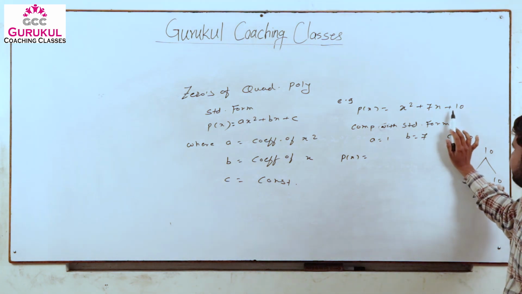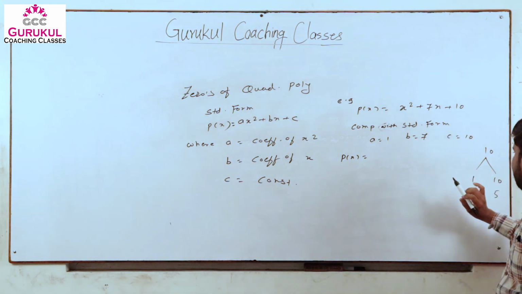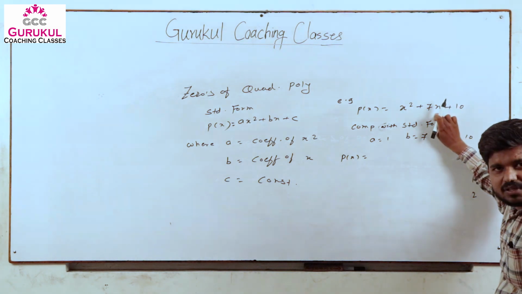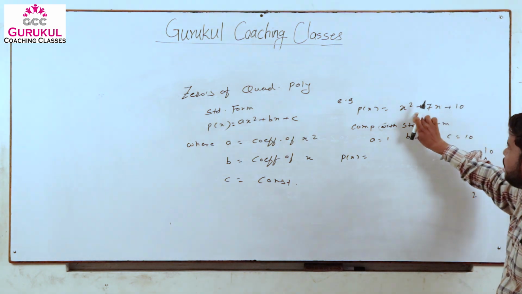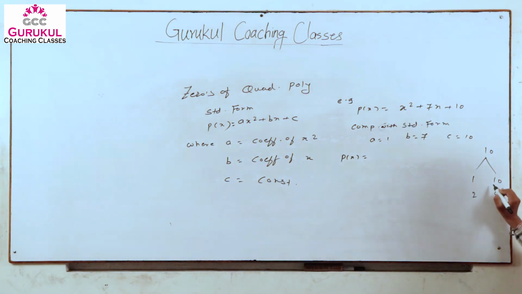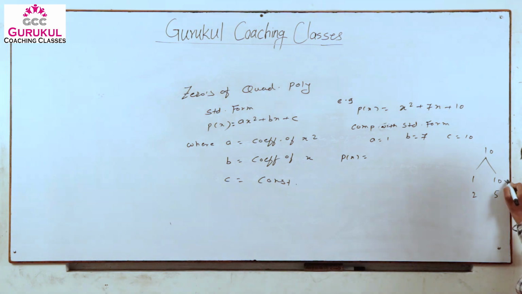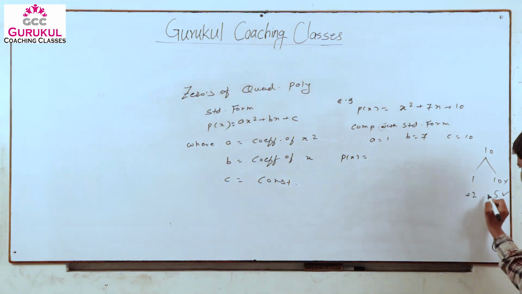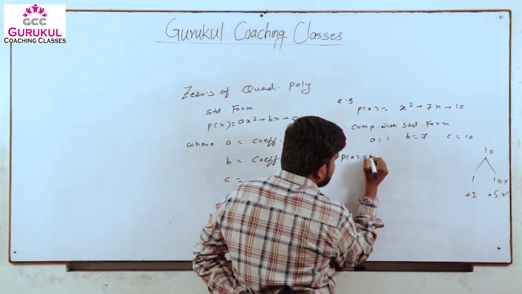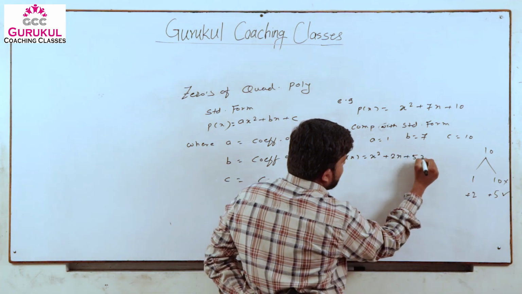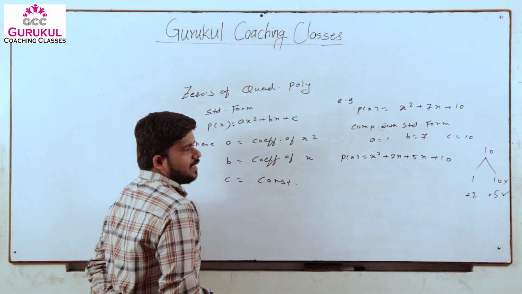When the last term has a positive sign, the addition of these two factors is equal to the middle term, and both factors have the same sign as the middle term. 1, 10: sum is 11. Required 7. So first combination is not required. 2, 5: sum is 7. Second is required. Both having plus sign. So P of x is equal to x square plus 2x plus 5x plus 10.